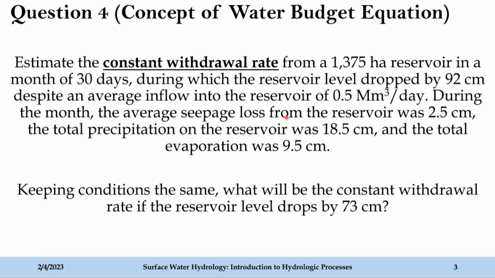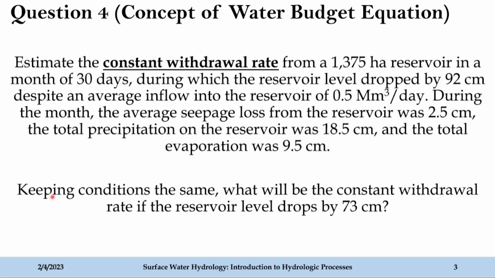Apart from this, we are also provided with the inflow rate with which the reservoir is being recharged, 0.5 million meter cube per day, and this rate has been continued for the 30 days. Also, some other hydrological processes such as seepage loss, precipitation and evaporation depths are provided to us.